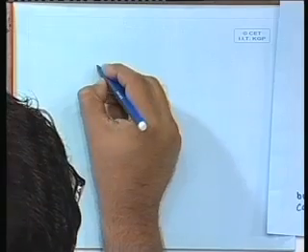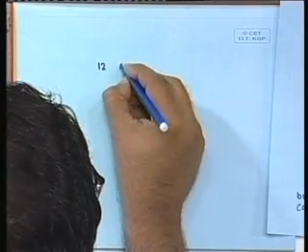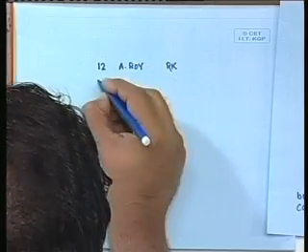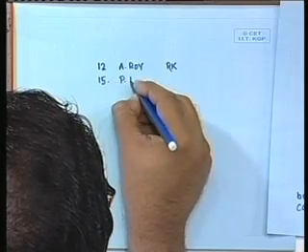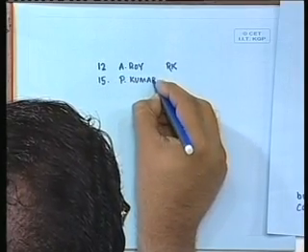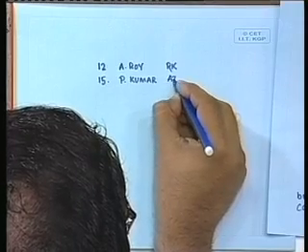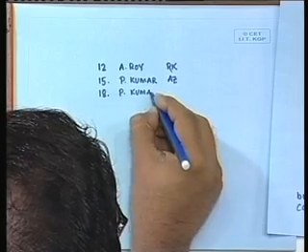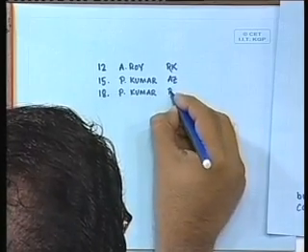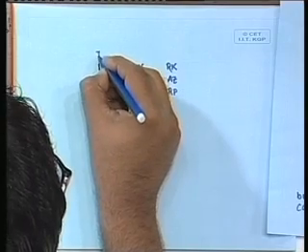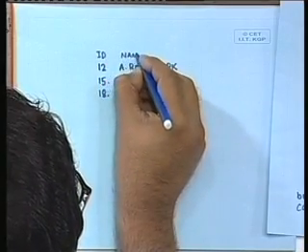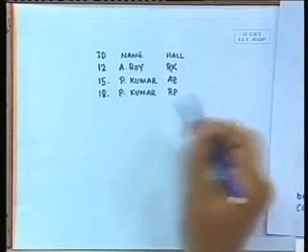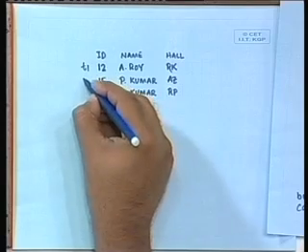See, 12 A Roy, RK, 15 P Kumar. So we have these three tuples taken here, T1, T2, T3.